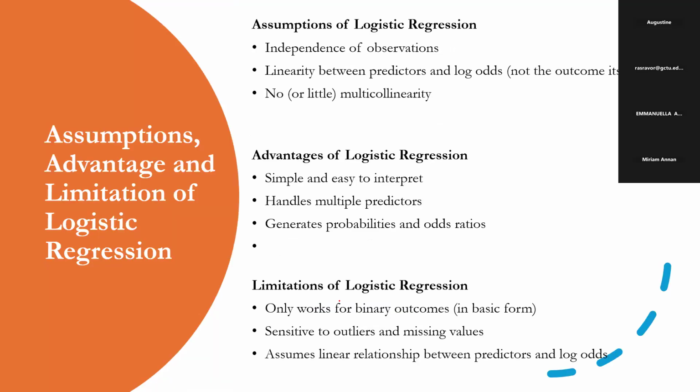What are the assumptions underlying a logistic regression? What are the advantages and what are the limitations? I must say that we have given you some of the assumptions, some of the advantages, and some of the limitations.